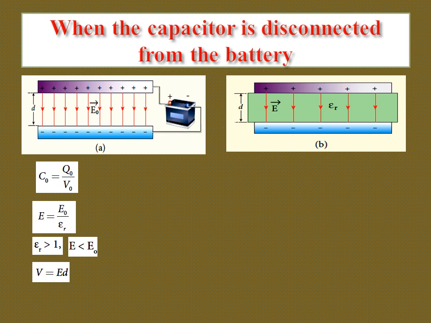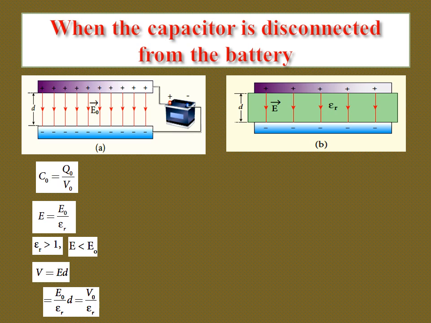But at the same time, the charge Q0 will remain constant once the battery is disconnected. So the new potential difference V equal to E d is given as E0 by epsilon r into d. Okay. Or you can simply write it as V0 by epsilon r, because E0 into d is represented as V0.